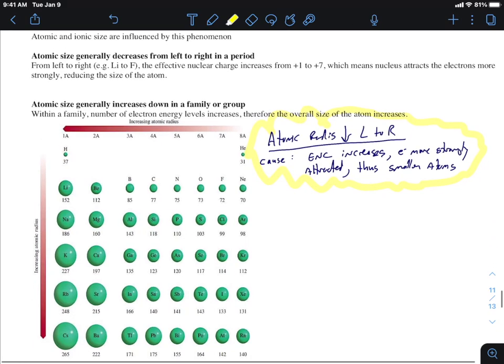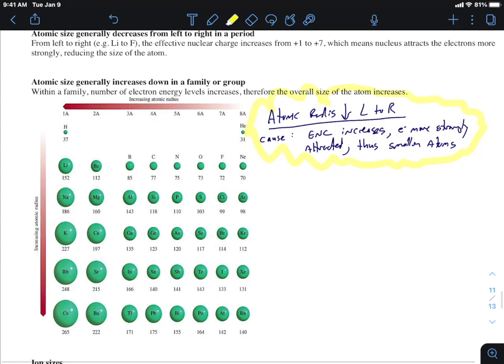And that is true in every period. Second period, third period, fourth period, doesn't matter which period. It's the same pattern. They get smaller. It gets smaller because the effective nuclear charge gets higher.